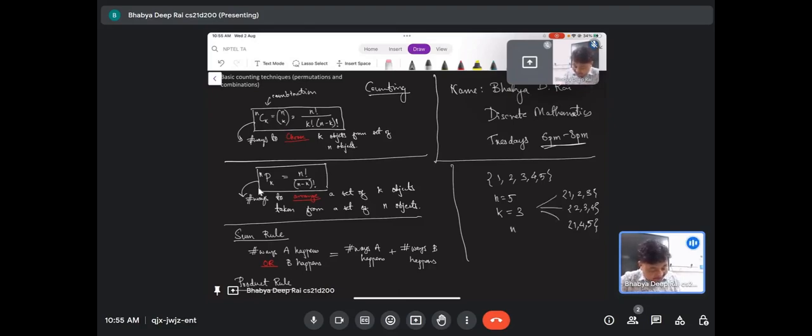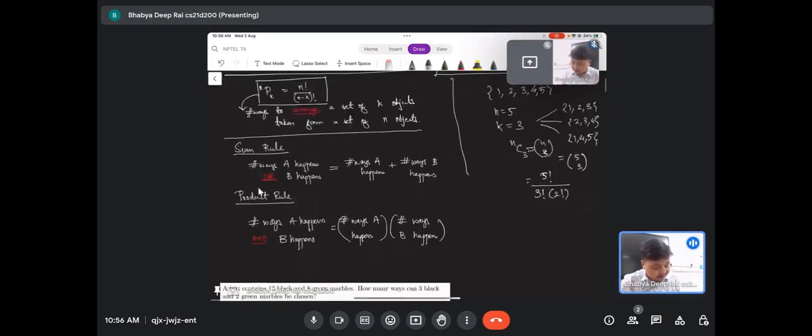That is exactly given by n choose 3, and here n is 5 and k is 3. So 5 choose 3, by the formula, is 5 factorial divided by 3 factorial times (5 minus 3) factorial, which is 2 factorial.